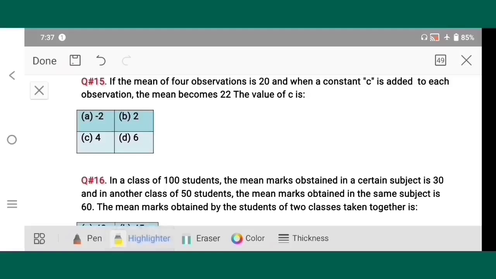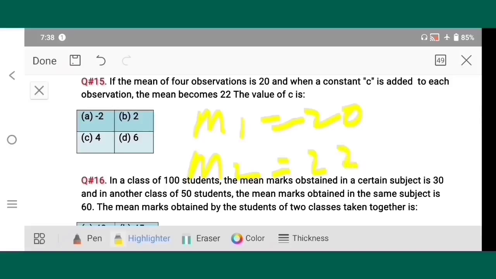So the mean is 22. Let's say m1 equals 20 and m2 equals 22.